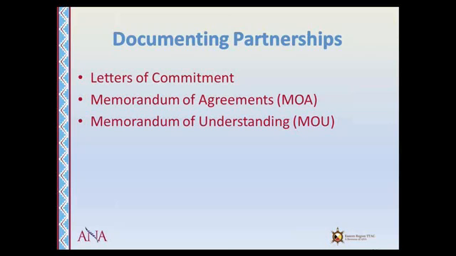It's a letter which spells out what is expected from each partner and puts an estimated dollar amount to the effort anticipated. The other 2 types of documents are more formal documents that take more time and effort to complete. Oftentimes, they're not finalized because parties cannot agree on the language. Use whatever works for your organization, but just make sure that all documents are signed by the partners.